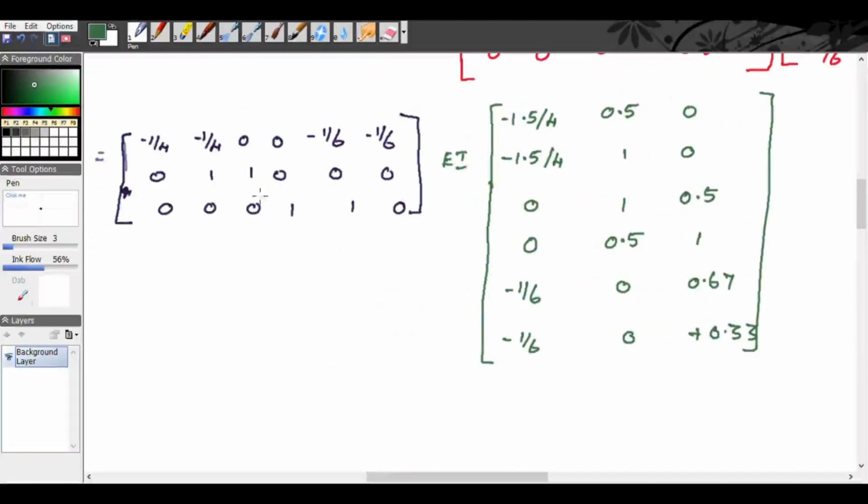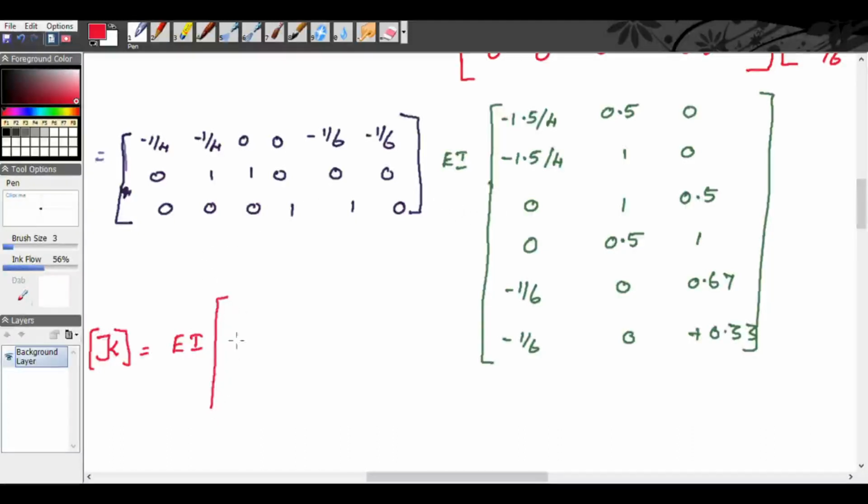Now, multiplying these both, we get our capital K matrix as EI into, see, this is 3 cross 6 and 6 cross 3, so finally you will get a 3 cross 3 matrix.